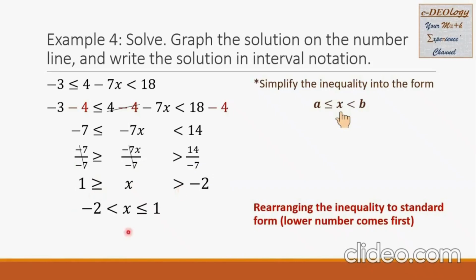The greater than sign becomes less than, and then the x is here, followed by the sign less than or equal to. From this inequality sign, it becomes like this, and followed by this number 1. So this is now our inequality solution.